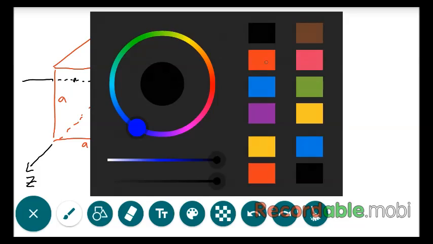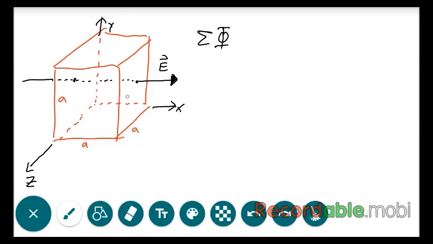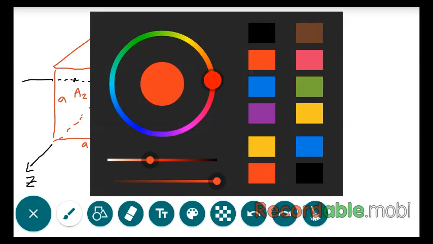In this case, it only passes through two surfaces: the rightmost surface, which I'm going to call A1, and the leftmost surface, which I'm going to call A2. As you can see, it will not pass through any of the other four surfaces since this E field is going directly horizontal.